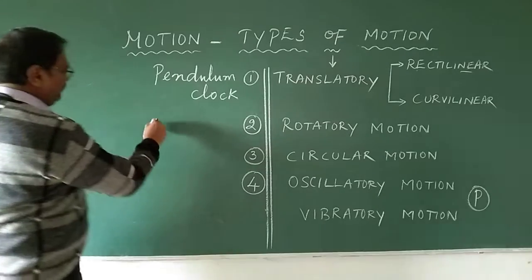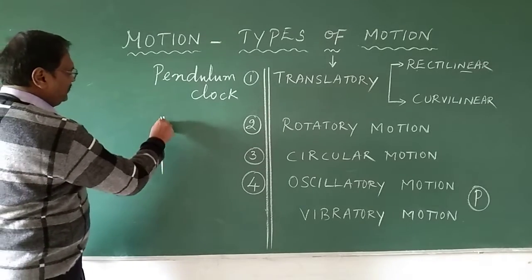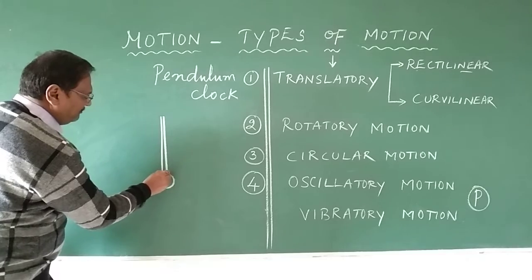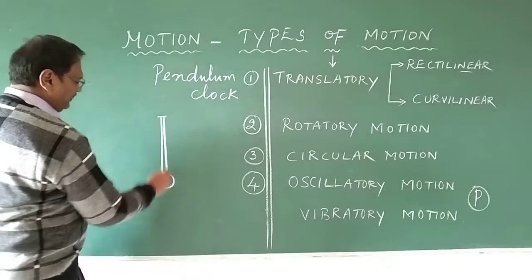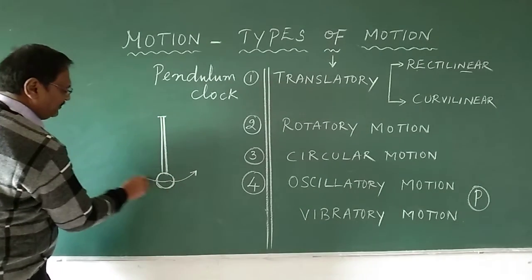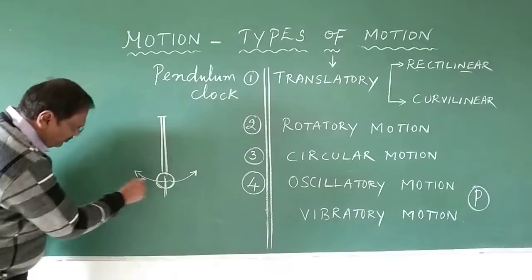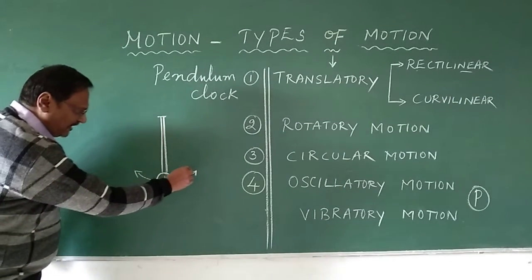In the pendulum clock, you will find there is a strip and a small bob-like thing, a metal piece, and it goes one side and then to the other side.